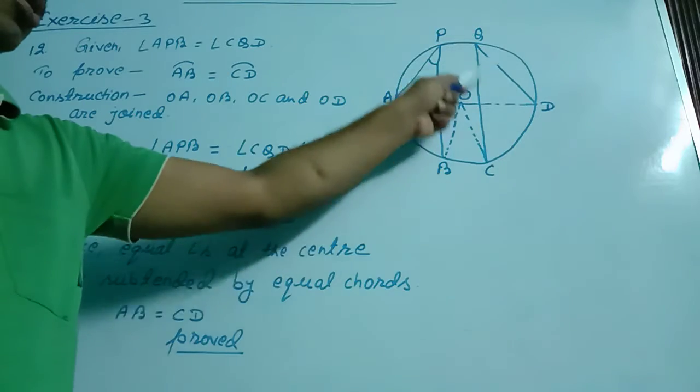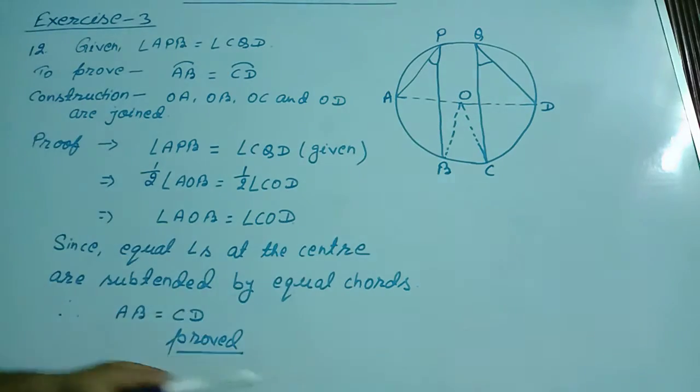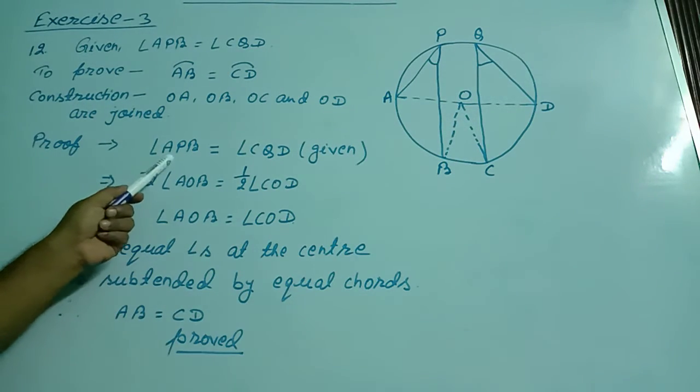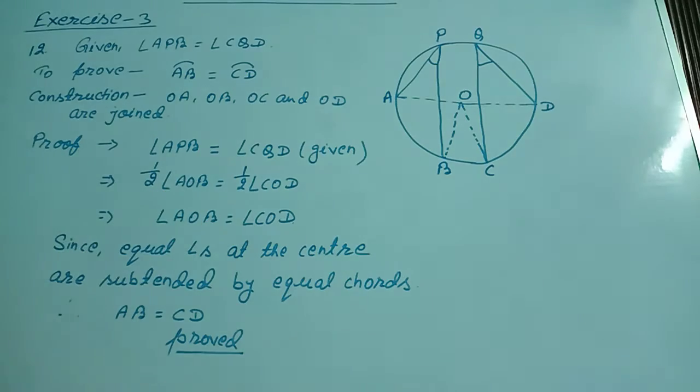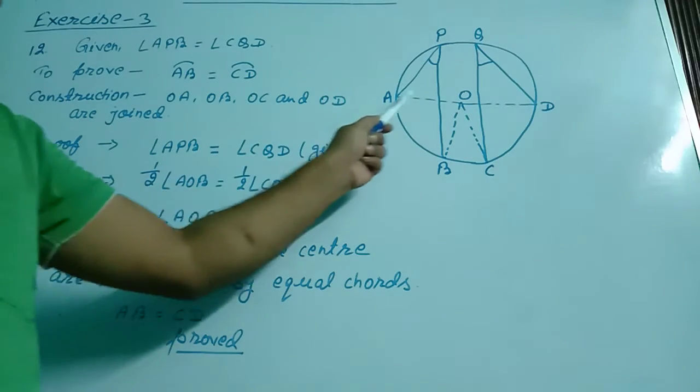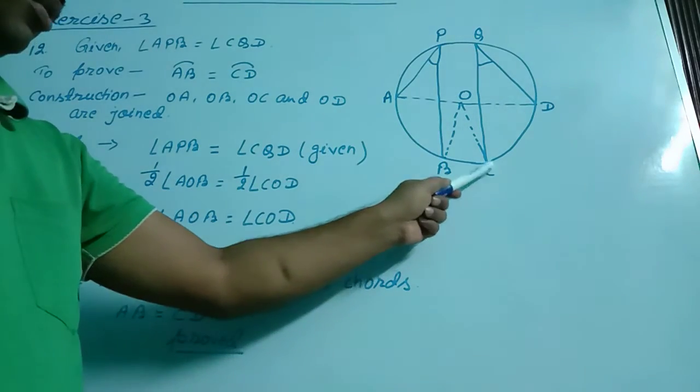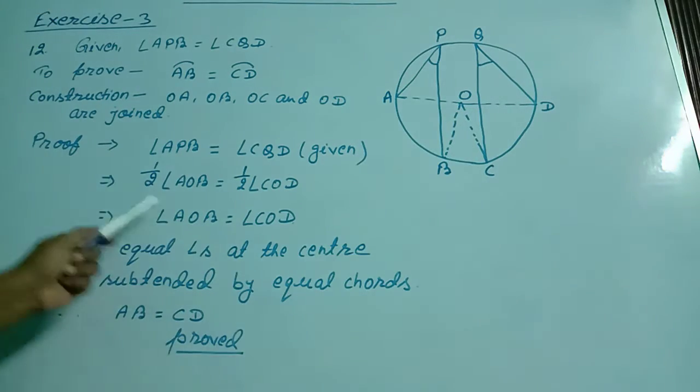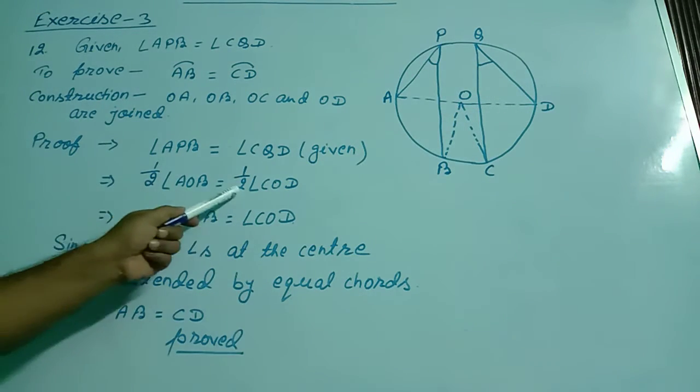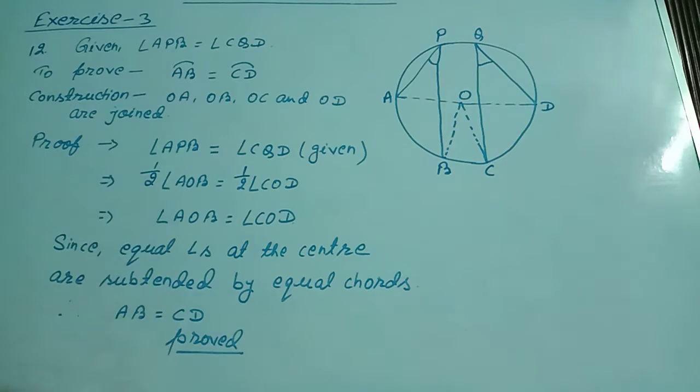Since angle APB equal to angle CQD, therefore half of angle AOB will be equal to half of angle COD. The halves cancelled.